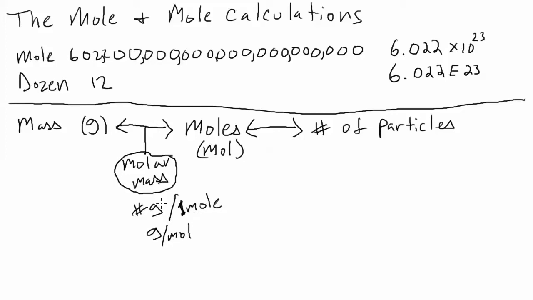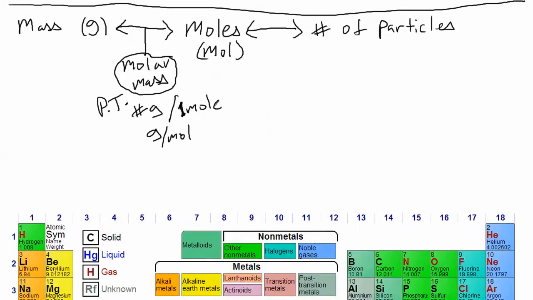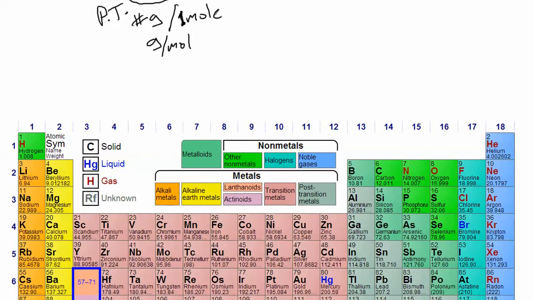And where do you find the molar mass? This is really important, because you're going to be finding the molar mass a lot in this class as time goes on. You find the molar mass on the periodic table. So let me bring up the periodic table here really quickly, and I'll show you what I'm talking about. This mass on the periodic table, you see on this table it's labeled as weight, and you'll sometimes hear it called that too.